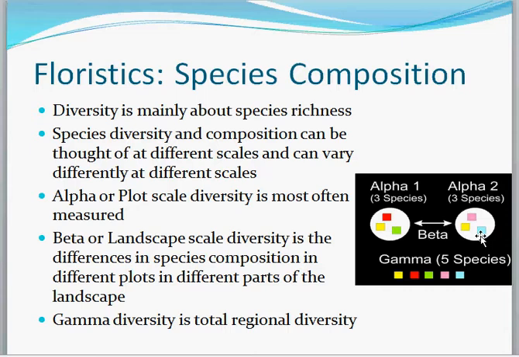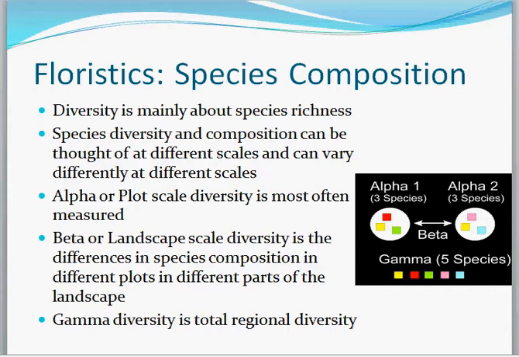And gamma diversity may also influence your planning of your harvesting regime, whether you want to go and target this country or not, and so on. Okay, so diversity varies at different scales and can be important for management at different scales.